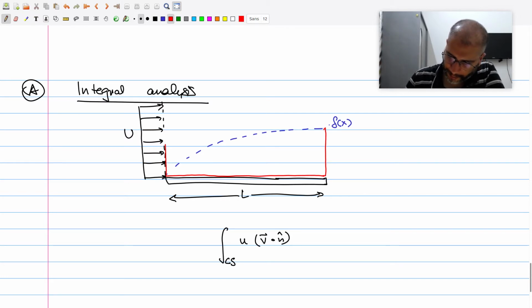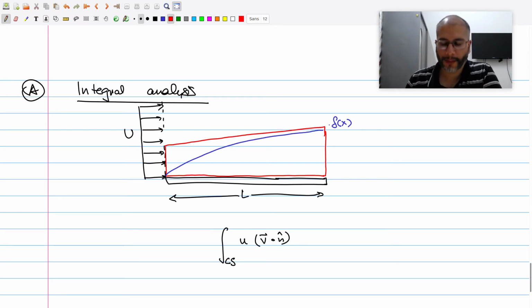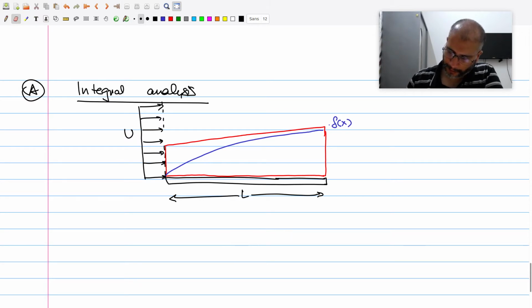So if my aim is to align the flow in such a way, I'm not drawing the boundary layer very well. If my aim was to align this top surface in such a way so that it is a streamline, then it will look something like this. All right. So this red one is now my control volume.